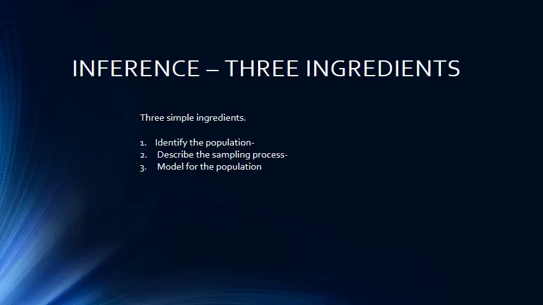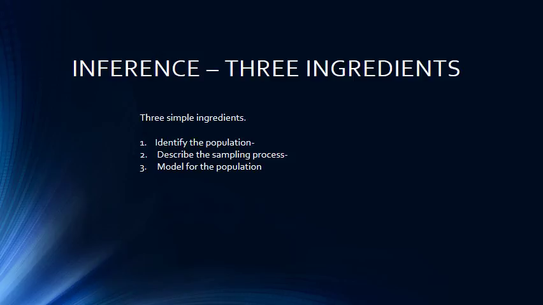So the three ingredients that we need in order to do inference: we need to identify the population to which you are making inference. You need a question, but of course this is second nature because you know what you want to answer. Once you have identified the population, you can talk coherently about your inference.